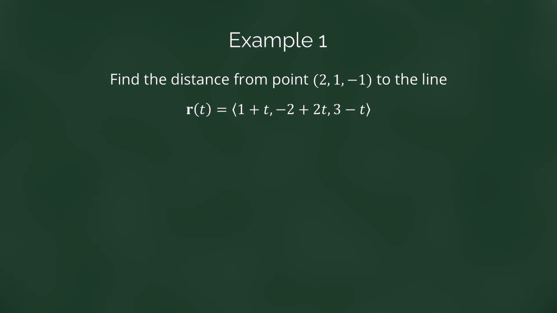So here we have the point (2, 1, -1), and the line given in vector form (1 + t, -2 + 2t, 3 - t). So first, let's check that the point is not on the line. If it were, then we'd have some value of t where 2 is 1 + t, and 1 is -2 + 2t, and then also -1 is 3 - t.